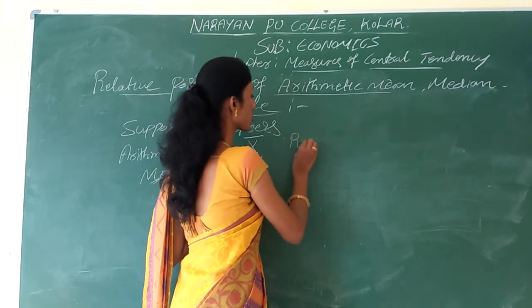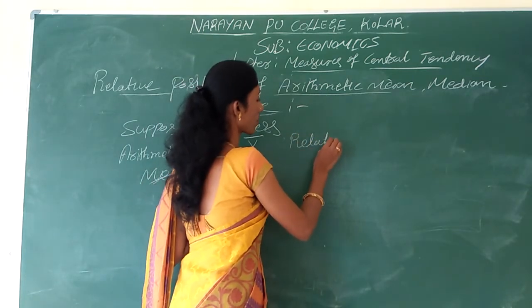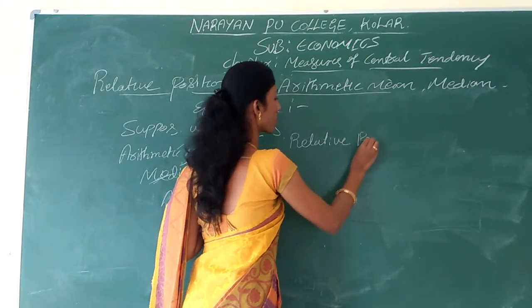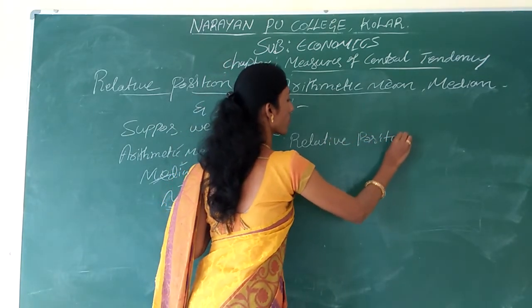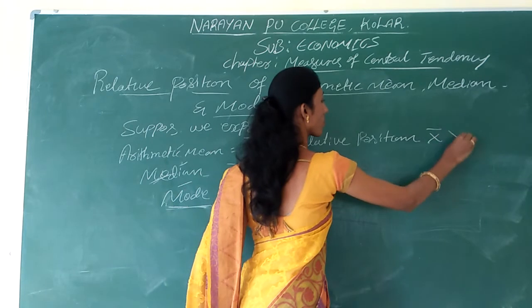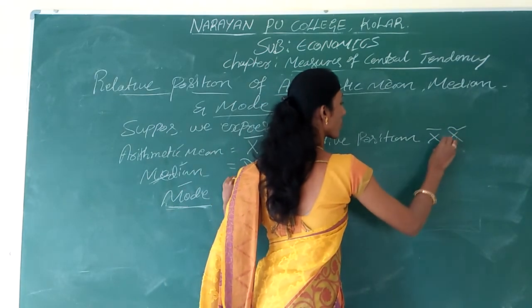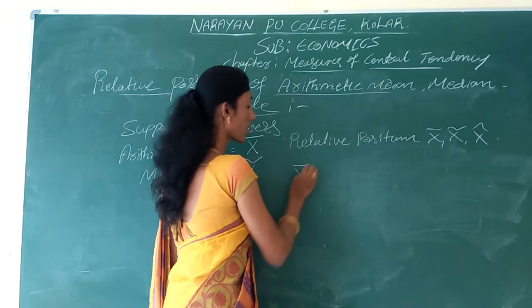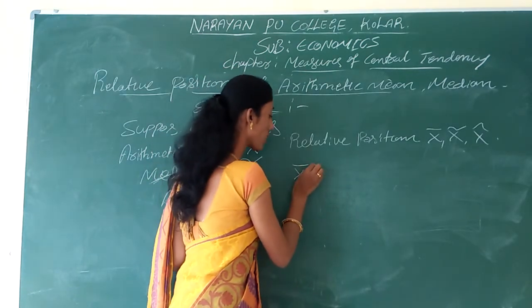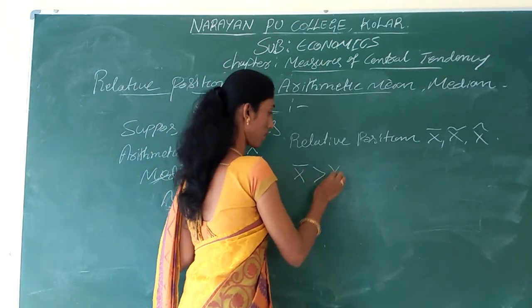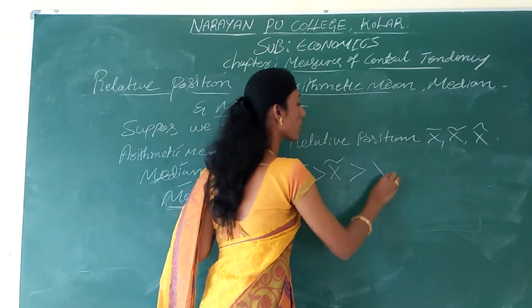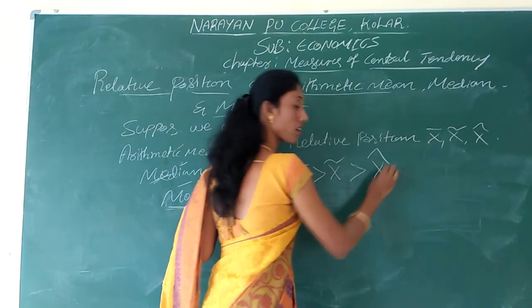The relative position of mean, median, mode is: arithmetic mean will always be more than median. Median will always be more than mode. Got it?